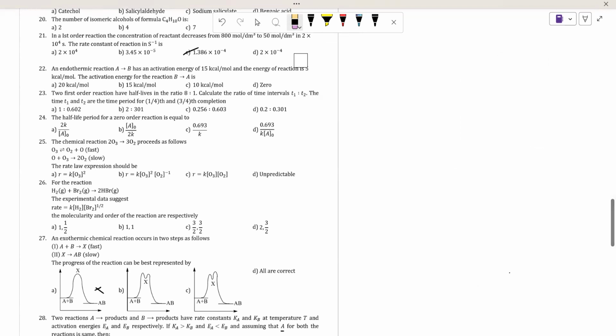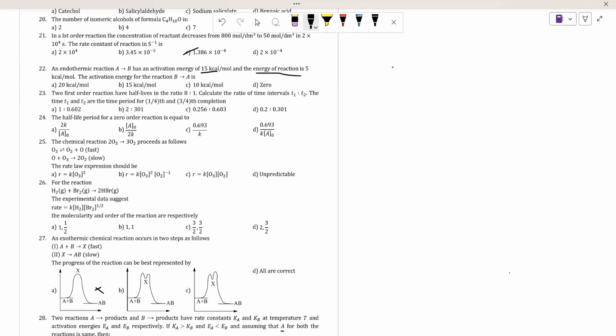This question is all about an endothermic reaction A to B that has an activation energy. They have given activation energy 15 kilocalories per mole, and also the energy of the reaction, which is nothing but delta H value, 5 kilocalories per mole, and they are asking you to determine the activation energy for the backward reaction, that is B to A.